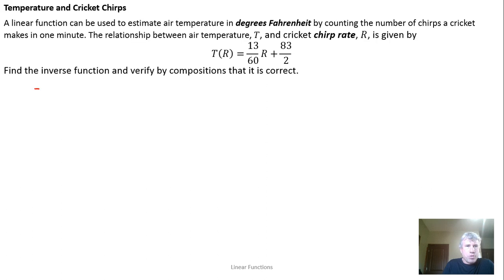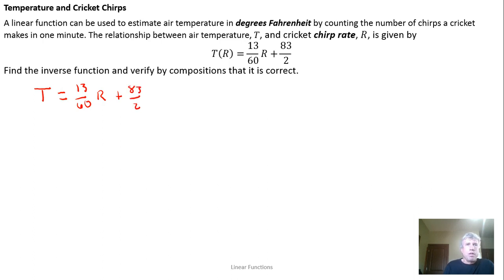So we'll start by just writing the function down, and it's going to be easier if we drop the of r, the function notation. This will make it a little bit easier. So we'll just write t equals 13/60 r plus 83 over 2.